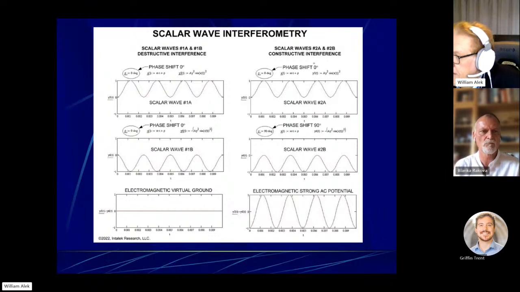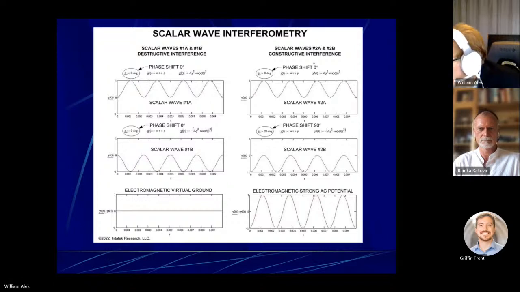So the next slide here, scalar wave interferometry. I did a lot of mathematical analysis with scalar waves. And I noticed that you can create an electromagnetic virtual ground where these beams cross. Wow, that's cool. And then when you look over to the right side of this, if you phase adjust your scalar wave terms here, you just shift them, okay?